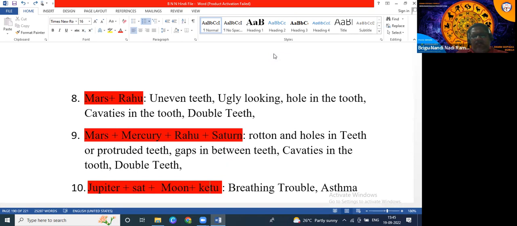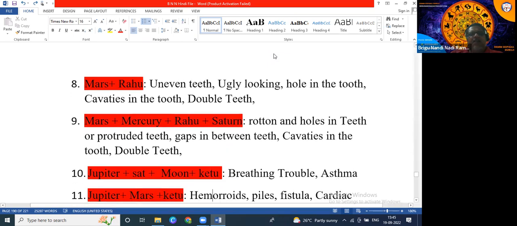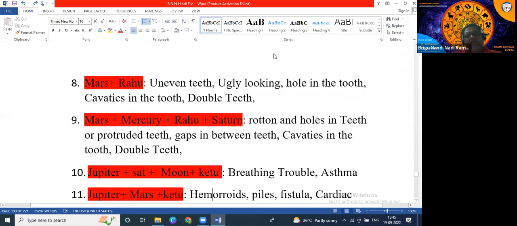You can predict that if the native has Mars and Rahu connected in his horoscope, you can ask, do you have a dental problem? You can predict dental related health problems. And Mars is an enemy to Mercury, Rahu and Saturn. All are attacking here. So the tooth will be rotten, with holes in the teeth and protruded teeth.